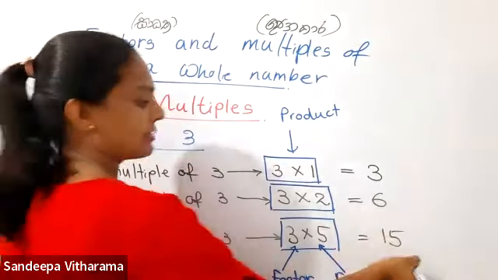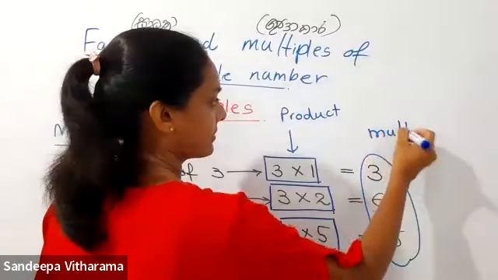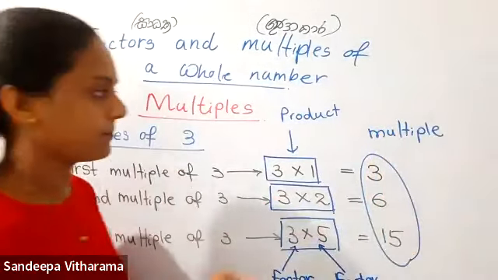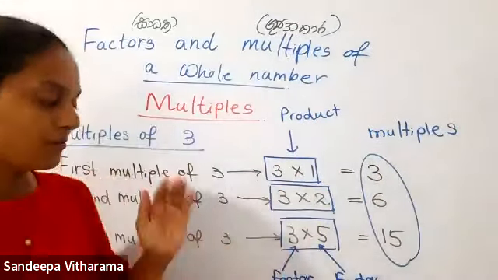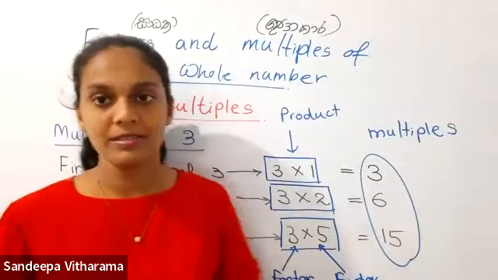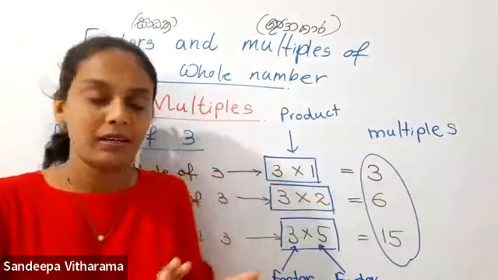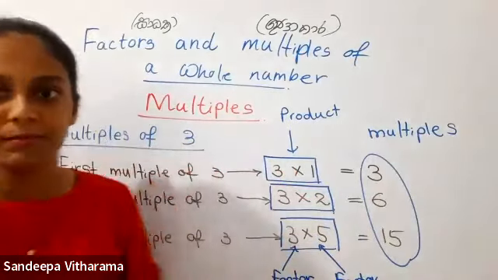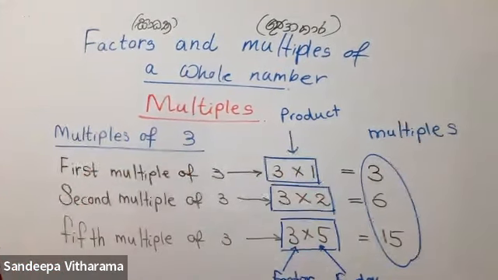And this we call the multiple. How do we obtain the multiples? Factory produced muffins: factors, product, multiples. The product between factors gives multiples. Okay. Please write down this one.